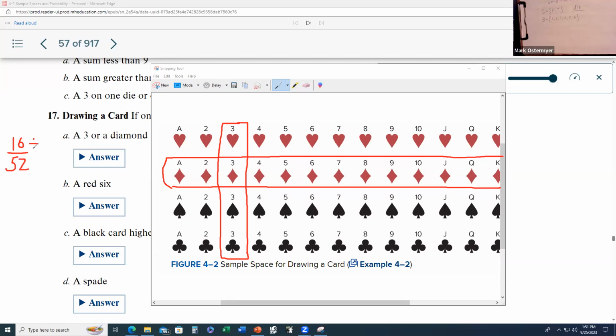I believe that reduces down by 4, down to 4/13. And that would be your probability. That's the probability of reaching into a randomized deck and pulling out either a 3 or a diamond. But yes, we cannot double count the 3 of diamonds. That's very important. All right, how about the next one here?